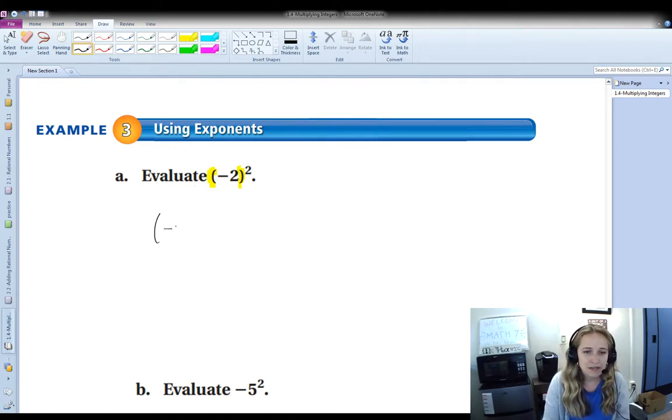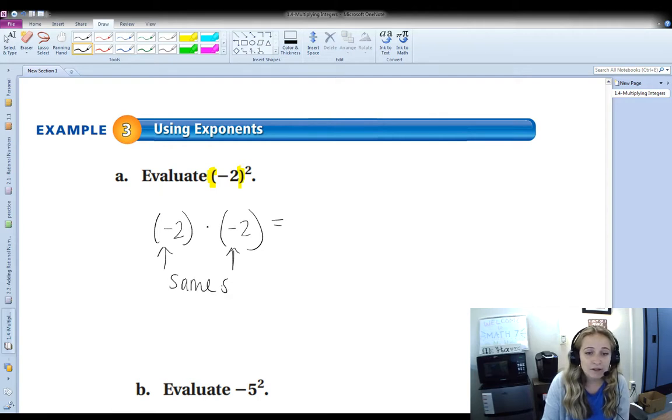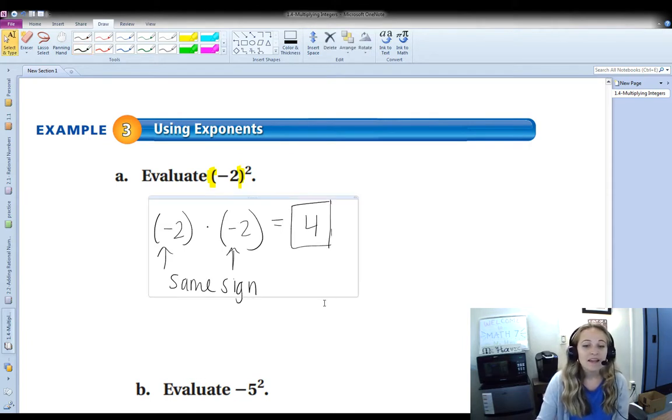When we write this out, it's going to be negative 2 times negative 2. That represents negative 2 squared. Again, we need to identify, are these the same or different signs? They're both negative, so they are the same signs, which means if we multiply two numbers with the same sign, your answer is always going to be positive. So this is going to be a positive 4.